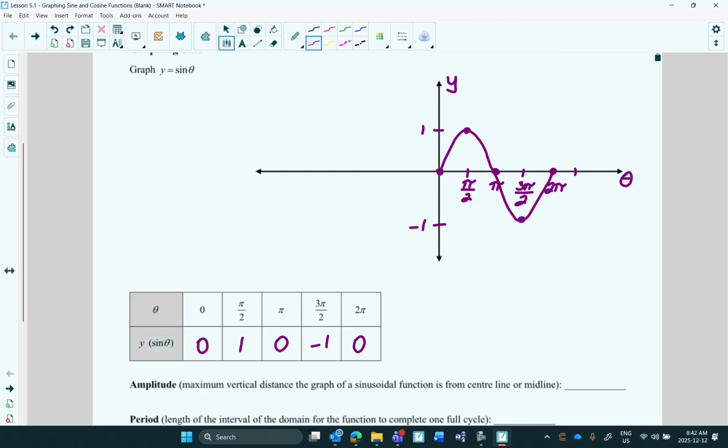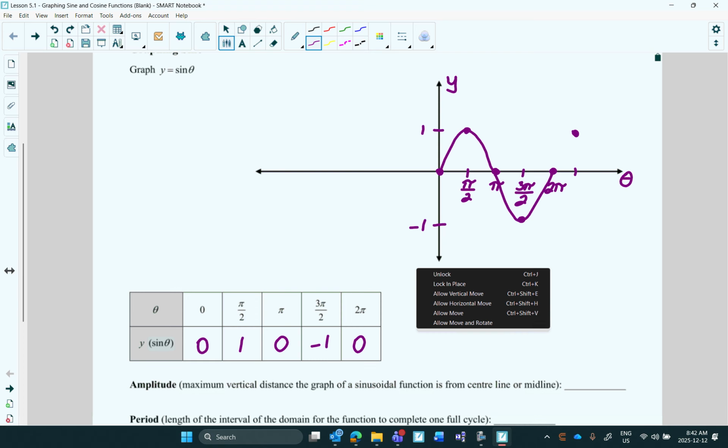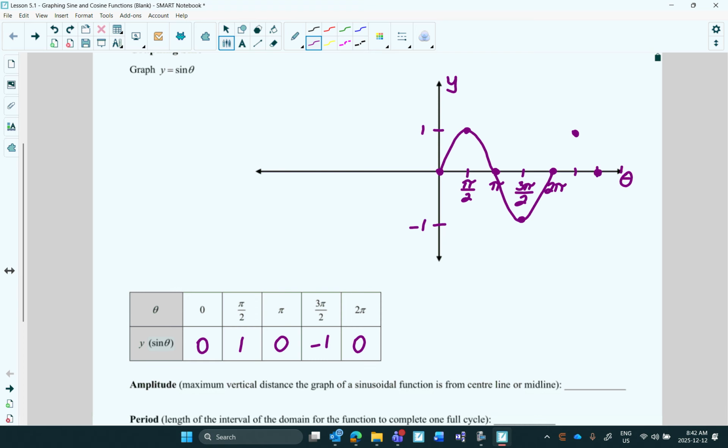So it would go up to 1, and then come back down to 0, and then come back down to negative 1, and it would keep going on forever, following that wave pattern. And it would go into the negatives forever.